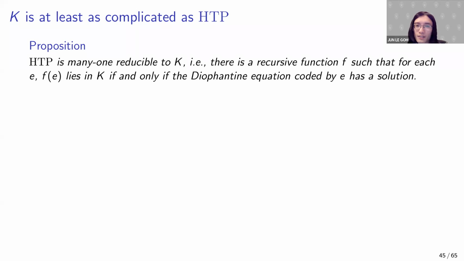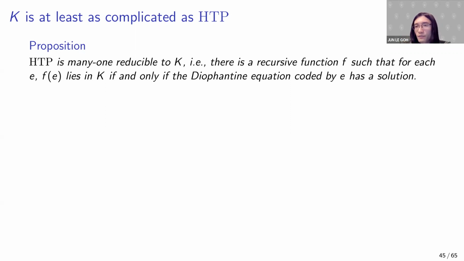So think of this f as giving an algorithm to compute HTP if we have Oracle access to K, right? So the idea is f is telling you what question to ask. Like you're given input e, you want to ask the Oracle K, is f of e in K? Then the Oracle gives you an answer.